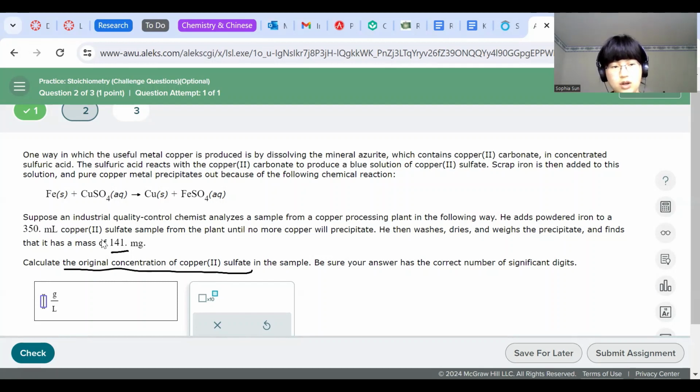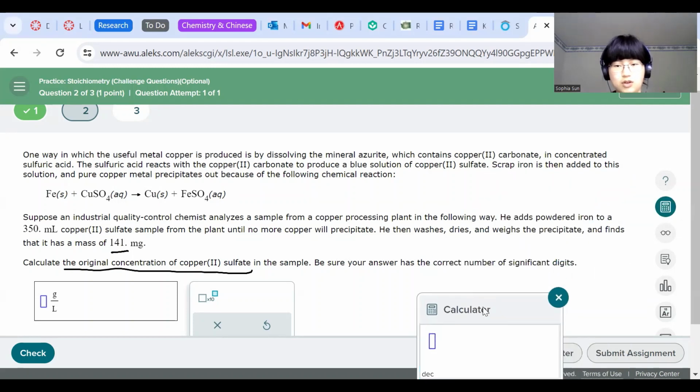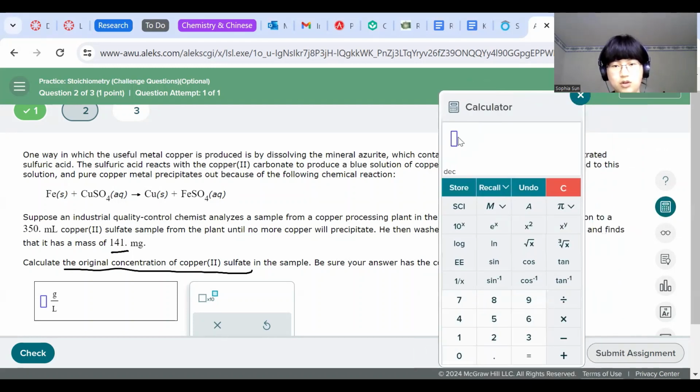So therefore, we'll have to take the moles divided by the amount of liters, and then multiply by the molar mass to ensure that we have grams over liters. So let's do it. I'm just going to go through it very quickly since I believe we're all clear on how to approach this problem.